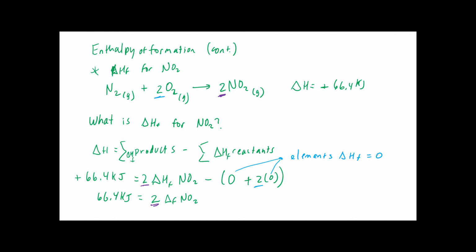All right, so now we have 2 delta HF NO2 equals 66.4. So if we divide both sides by 2, we get the final answer, which is delta HF of NO2 equals 33.2 kilojoules.